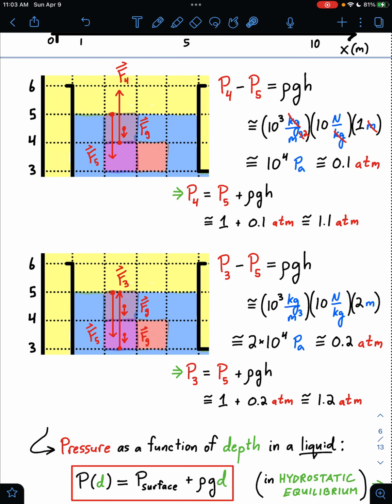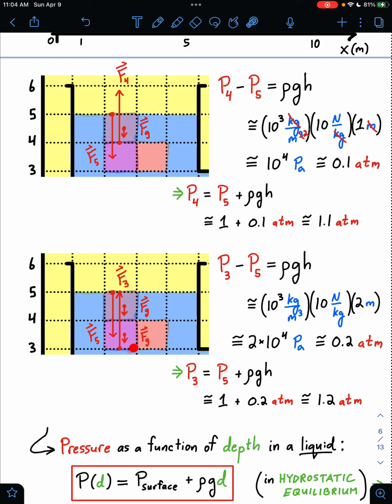To compare the pressure at levels 3 and 5, that is, to find the pressure down here 2 meters deep into the water, we'll use our same formula. The pressure difference between these 2 locations, 3 meters and 5 meters, is given by rho g h. Rho, the density of the fluid there.